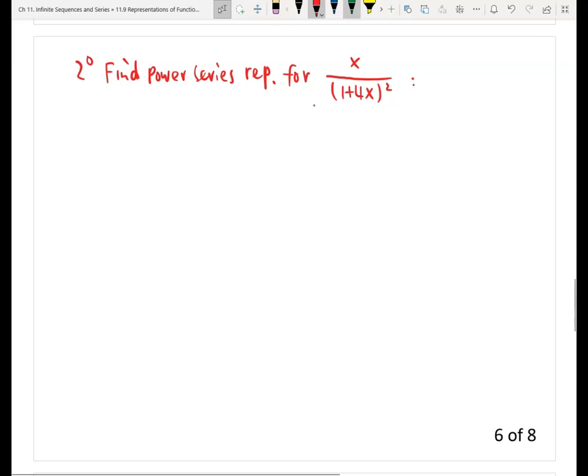Let me copy what we discussed before. Our function is (1 plus 4x) squared in the denominator, and this can link to the function 1 over (1 minus x) squared.